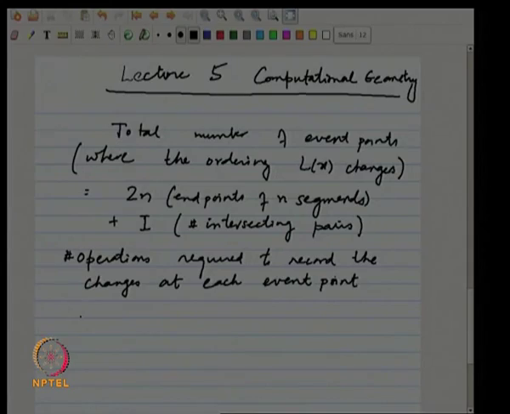Either one segment will be inserted, so 2 adjacencies will be affected, or one segment could be deleted, where again just 2 adjacencies will be replaced by 1 adjacency. And if there is an intersection, then exactly one adjacency is affected, well, not quite.